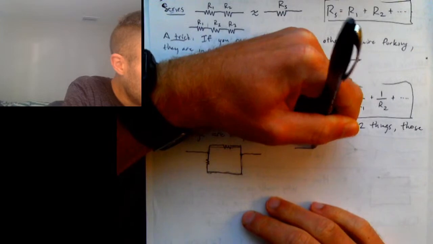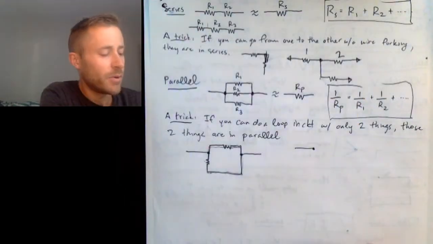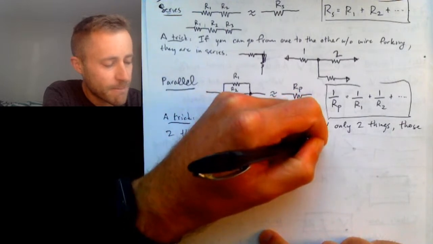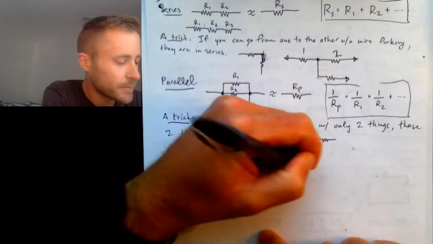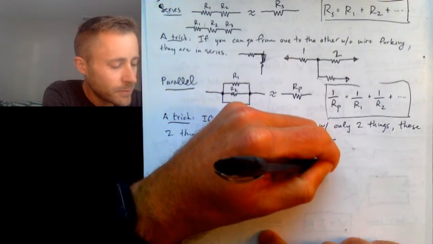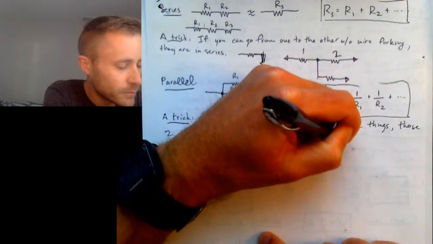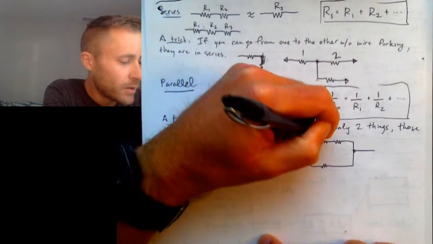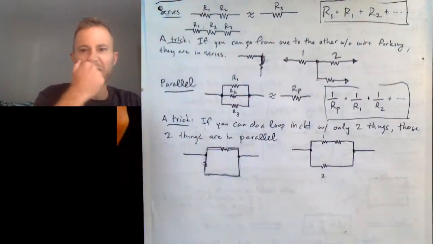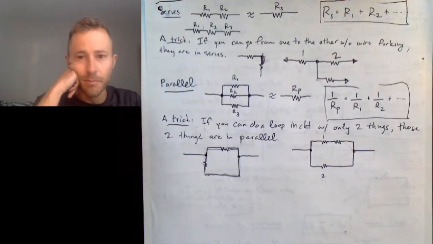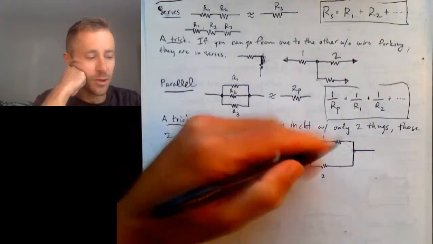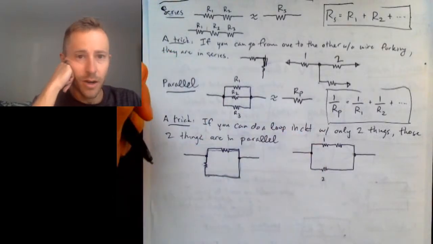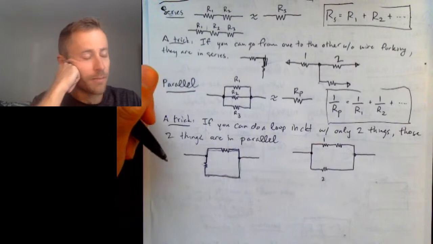Let me show you an example where two things are not in parallel, but they almost look like they are. So you might think that 1 and 2 are in parallel because they're both horizontal and it looks very close to this, but they are not in parallel. Why?